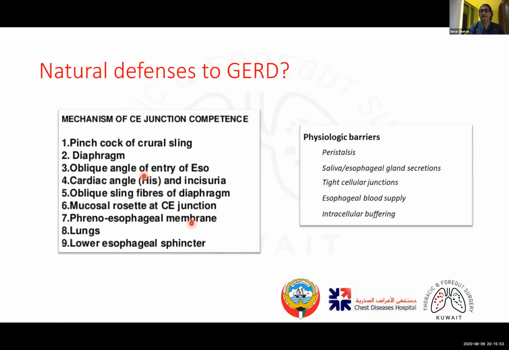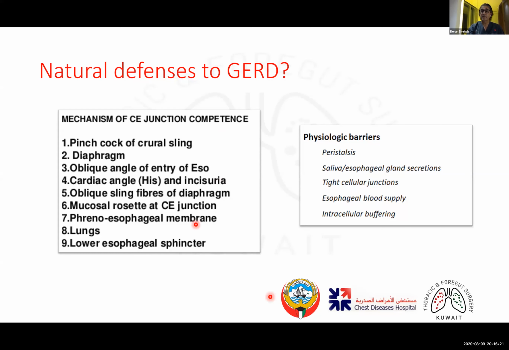Those natural defense mechanisms can be easily breached and disrupted when you operate in the foregut. Whereas for the physiological barrier, we have the clearance mechanism of the refluxate, which is the peristalsis and the saliva.